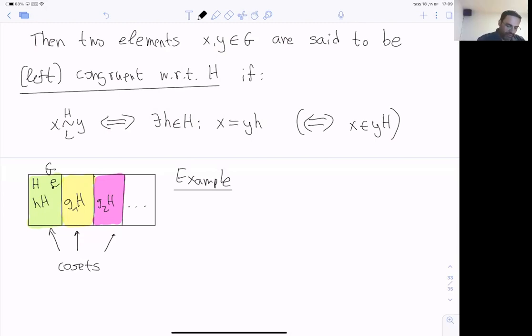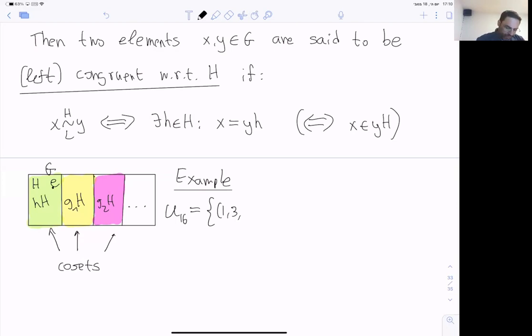Okay, for example, let us think about, let's take maybe something a little bigger, U16. So this contains all the numbers that are coprime to 16, with respect to the operation of multiplication modulo 16. Actually, it's all odd numbers, so we expect to have 8 elements.